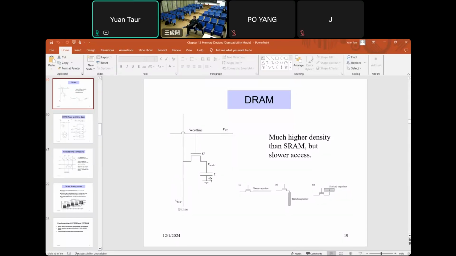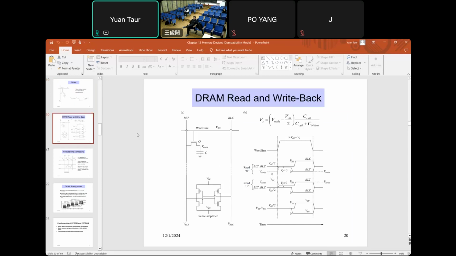If there's no charge, then the side is grounded. If there's a charge, then this is at a high voltage like VDD.